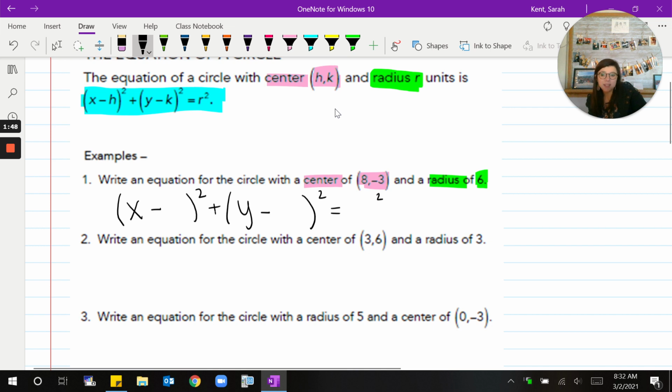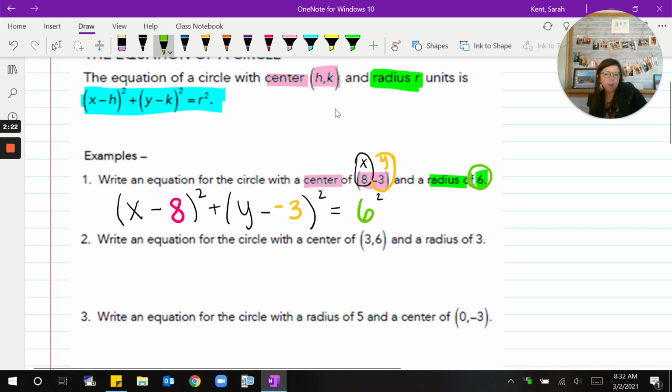So how we'll do this is for our x, we will take the x. Here our x is 8, so in this first blank, I'm going to put 8. Then with the y, I want to put my y, which here is -3. And then lastly, I want my radius, and our radius here is 6. So at the end, I'll put 6.